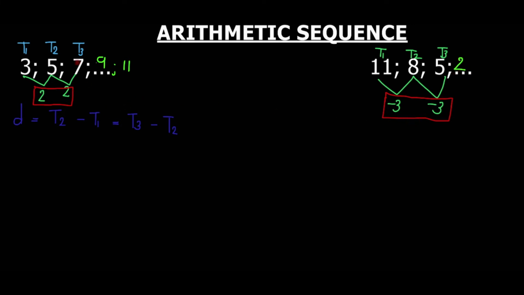Remember, for the previous one, our constant difference was 2. So that is why I added 2. But for this one, our constant difference is negative 3. So that is why I subtract 3. And then, again, we do the same thing. 2 minus 3 is negative 1.